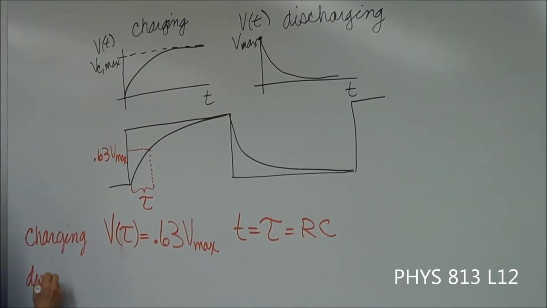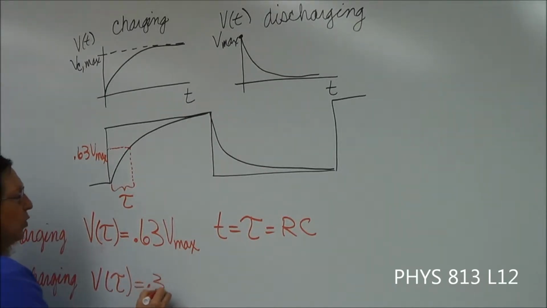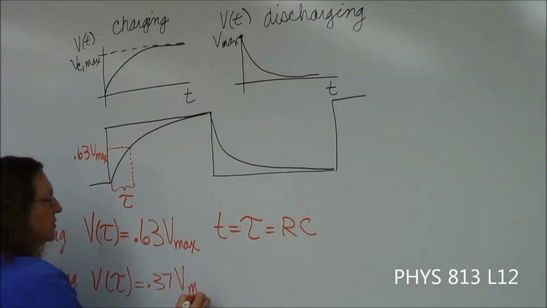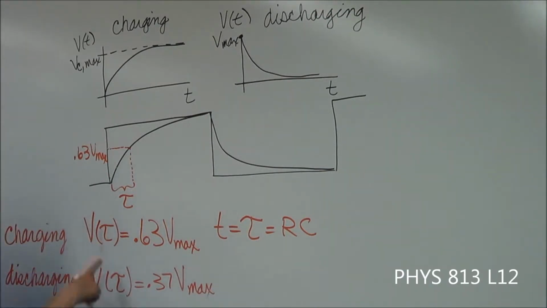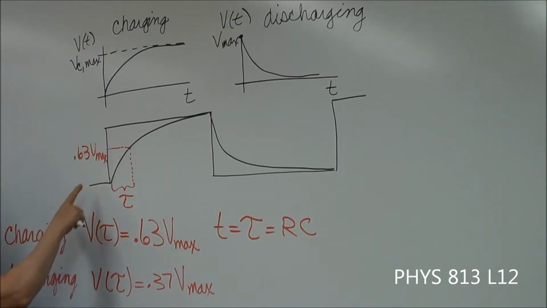During the discharging process, it's a longer word, the voltage at one time constant is 0.37 times the maximum. Now I'm talking about voltage here because on our oscilloscope this vertical axis is going to be voltage. It also happens that it's related to the charge and also the current.